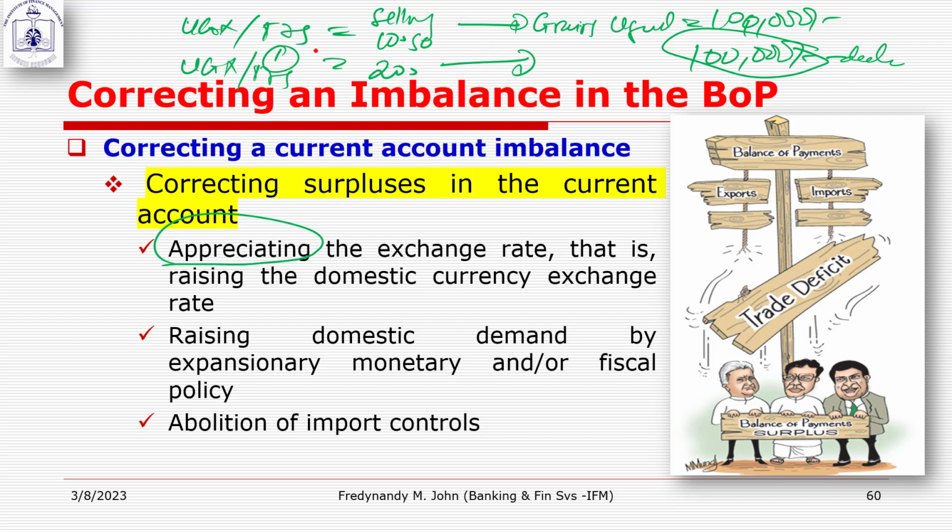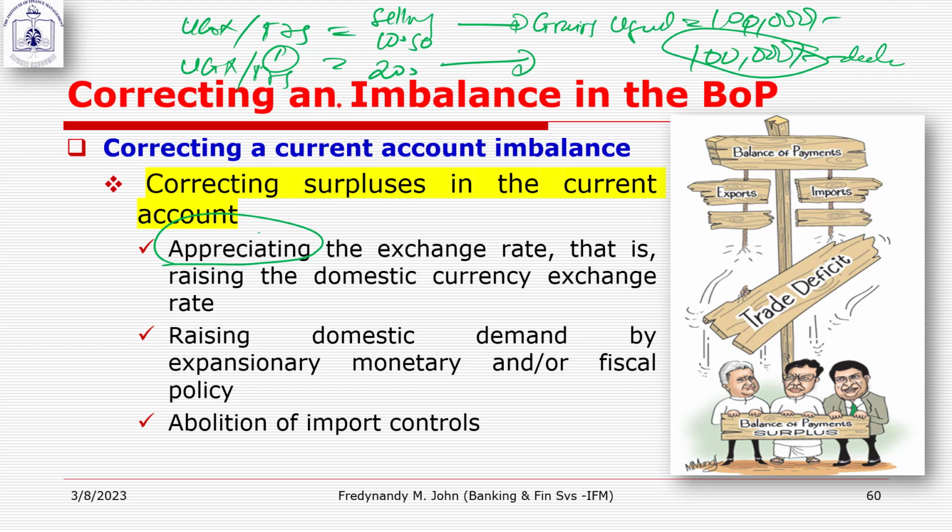So, by raising the value of your domestic currency, technically you are discouraging export, or you are discouraging the importers, that is, trading partners who buy goods or services from your country.